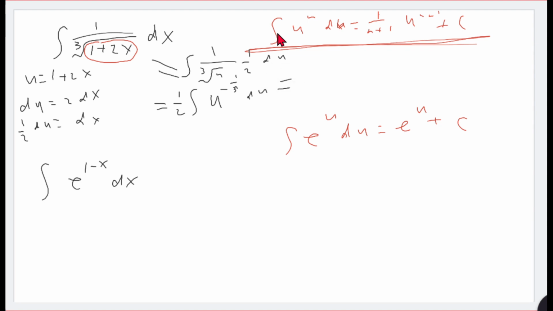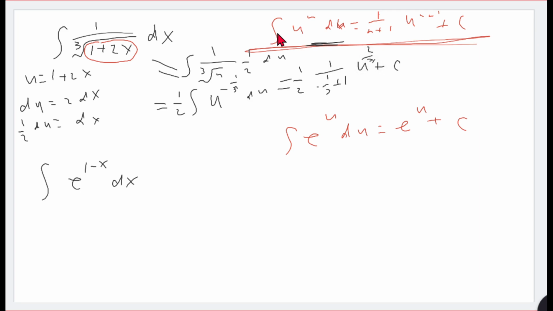So we apply, like I said, the integral power formula up here. It'll be 1 over negative 1/3 plus 1, times u raised to negative 1/3 plus 1, which is 2/3, plus c.